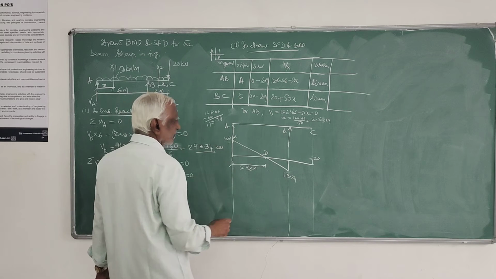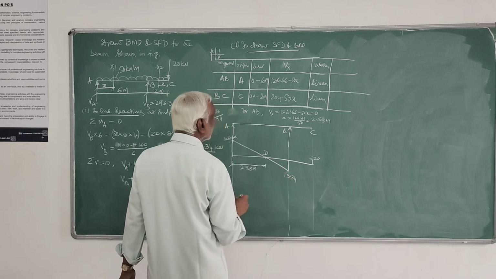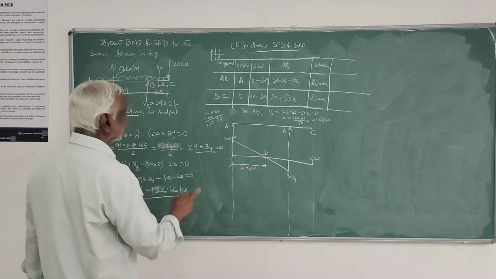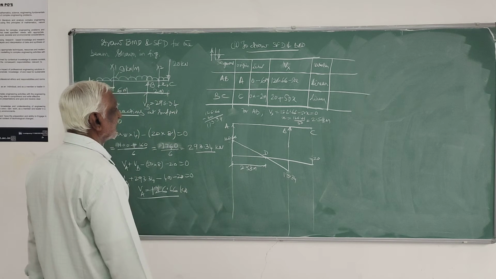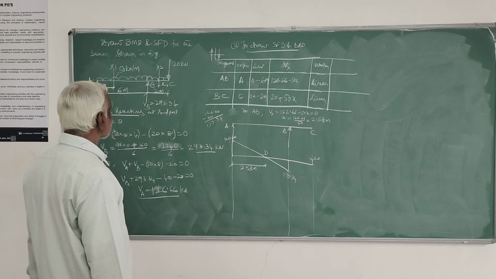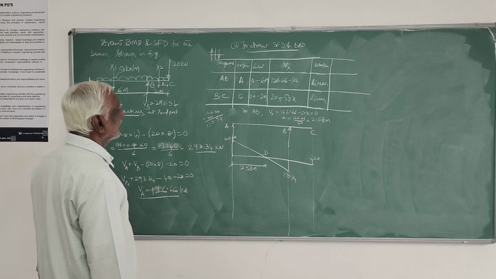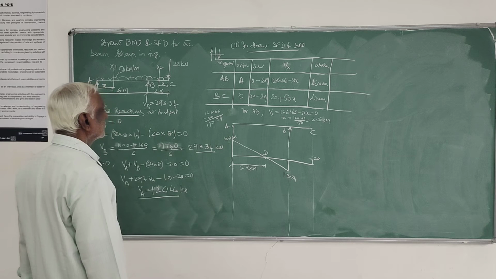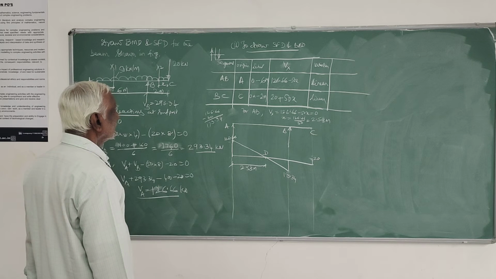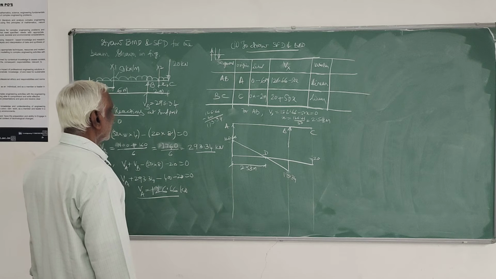So from here, 120 here. Then the previous one also has to be 120. When x equals 6, you just determine 126.66 minus 50 into 6, that is 300.